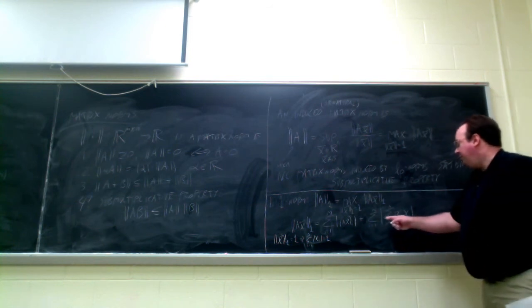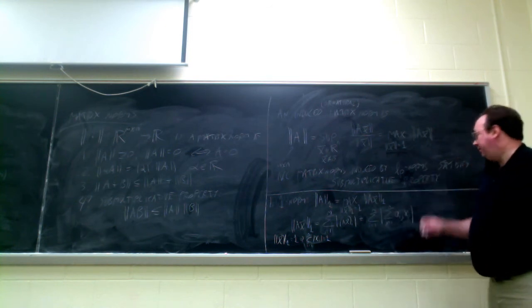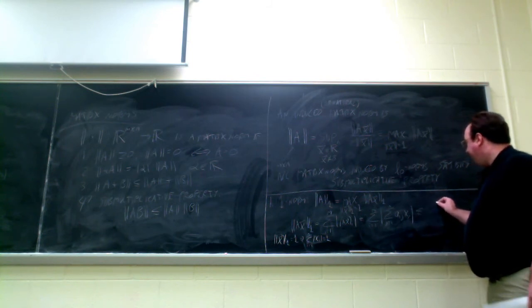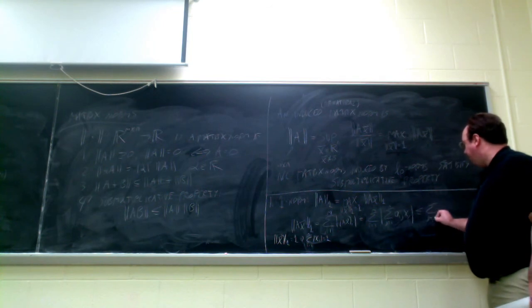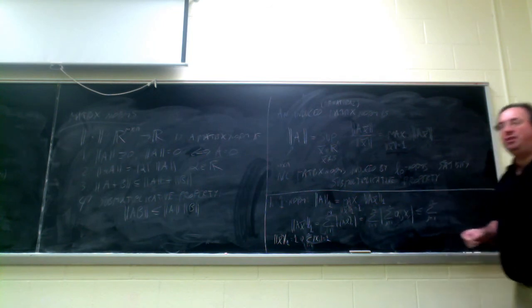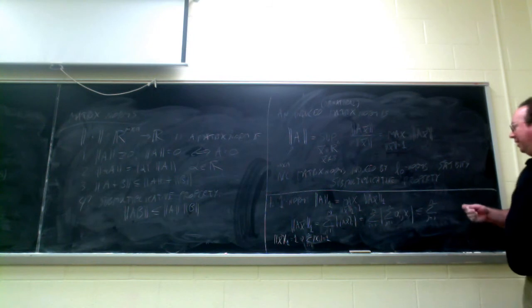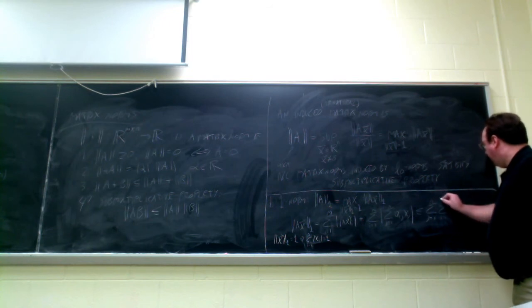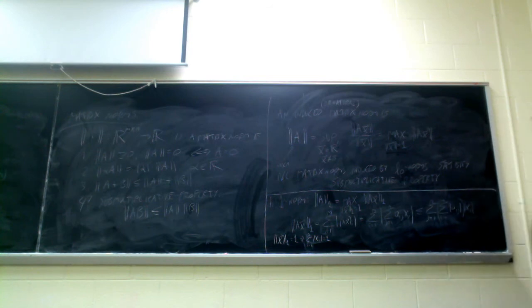By the triangle inequality for absolute value, this is less than or equal to the following, and I'm going to move the sums around, because for some reason in these proofs it's always necessary. Reversal of sums seems to be a key step. So the sum over j equals 1 to n, then the sum over i equals 1 to m of the absolute value of a_ij times x_j.